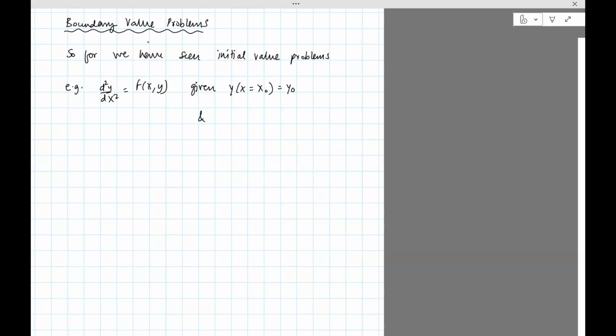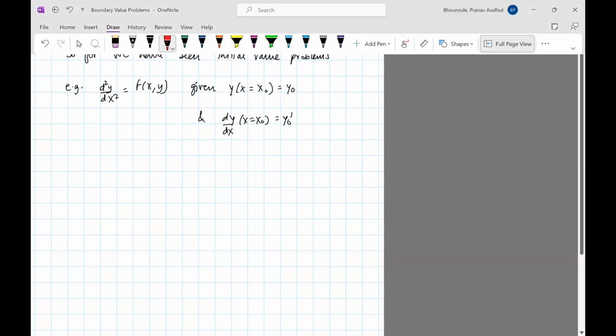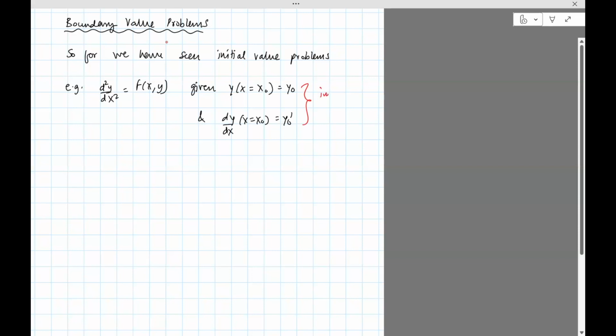And since this is a second order equation, you need two conditions. So dy/dx at x equals 0 equals y0 prime. So these are initial values or initial conditions.